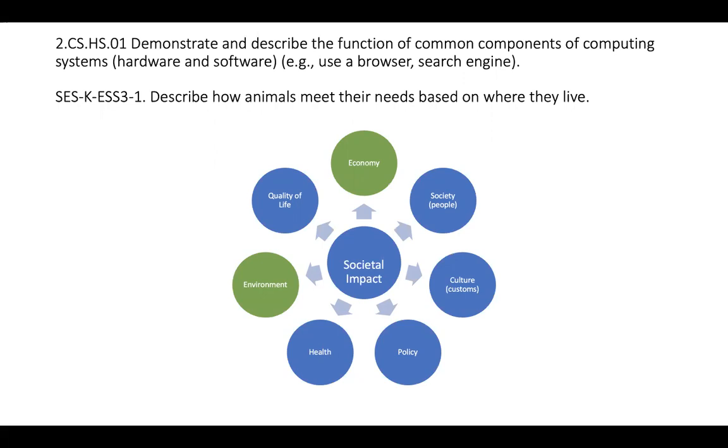I have economy and environment highlighted. So let's say for the lesson, you're teaching your students about habitat loss and the implications of it. To relate your science standard to the computer science standard, students must use their search engines to learn about what different animals need in order to survive. Once they've built their understanding of the different needs, your lesson could shift to why animals tend to lose their habitat, which could then spark a conversation about building new houses for people to live in or creating more roads for people to access businesses.